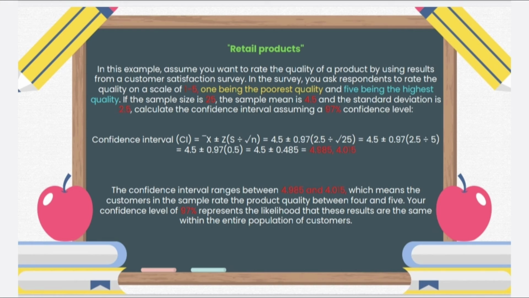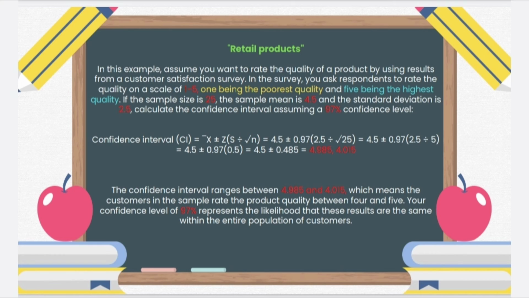And 4.5 plus or minus 0.97 times 2.5 divided by 5, kaya naging 5 kasi kinuha natin yung square root of 25. So 4.5 plus or minus 0.97 times 0.5, kaya naging 0.5 kasi 2.5 divided by 5 is equal to 0.5.